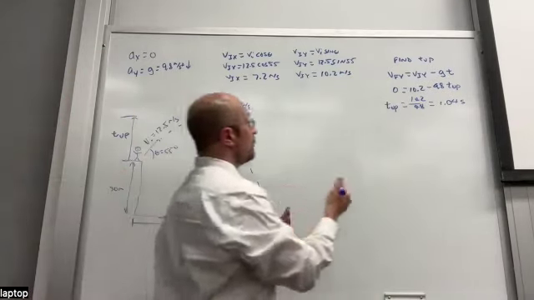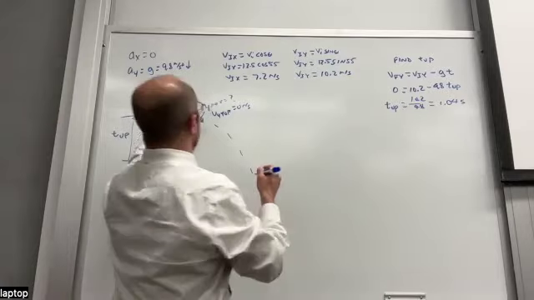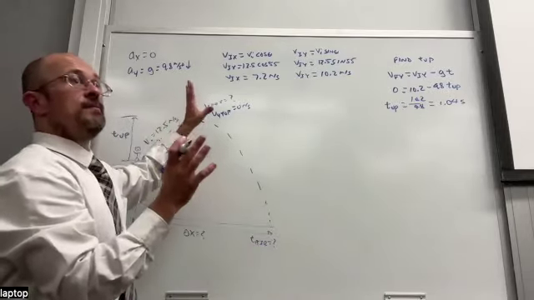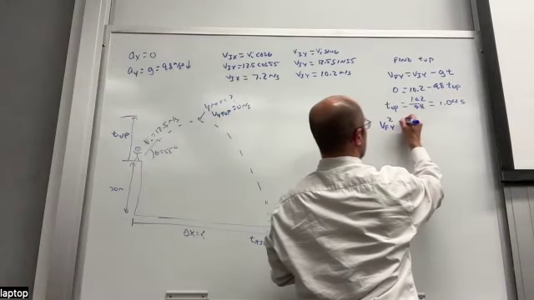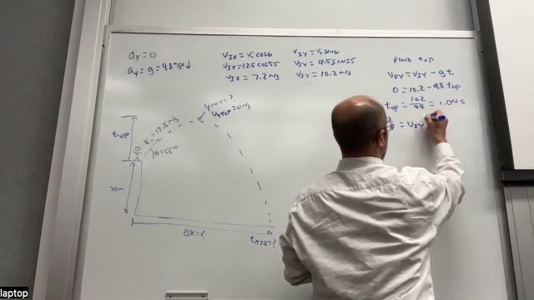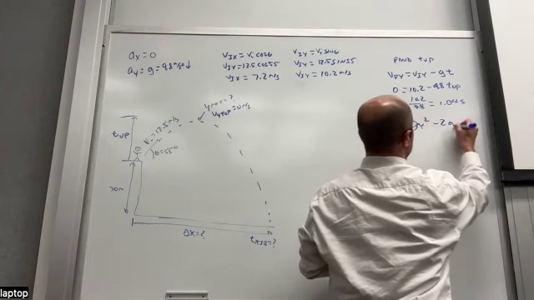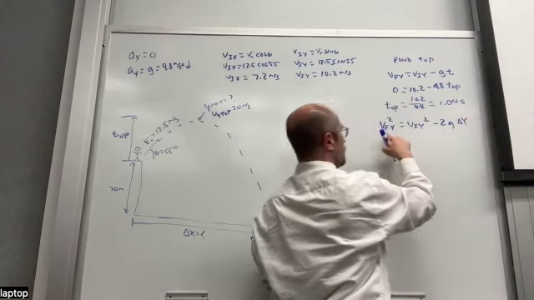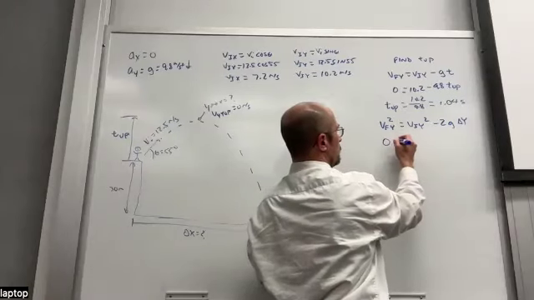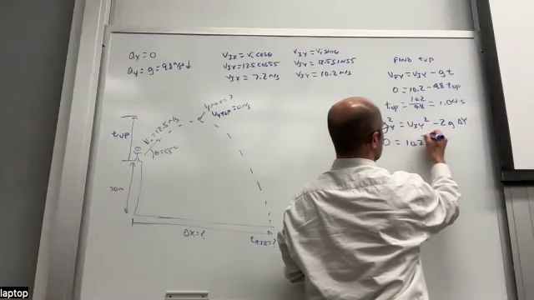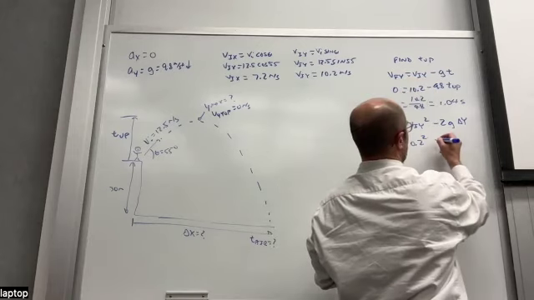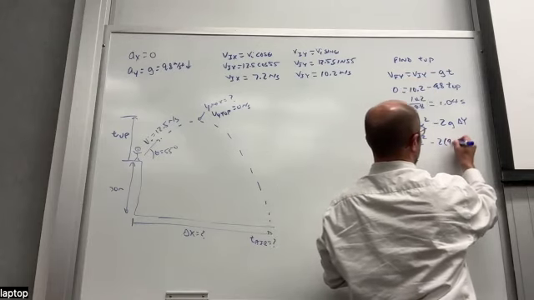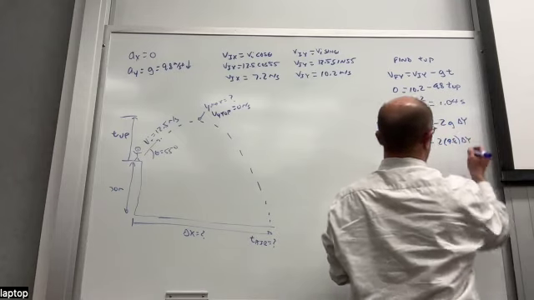Now we can always find y max even without knowing the time, even if we mess up the time, because we can always use v final squared is v initial squared in the y minus 2g delta y, where v final is y at the top, so that's 0. This is our 10.2 squared, and this is minus 2 times 9.8 delta y.